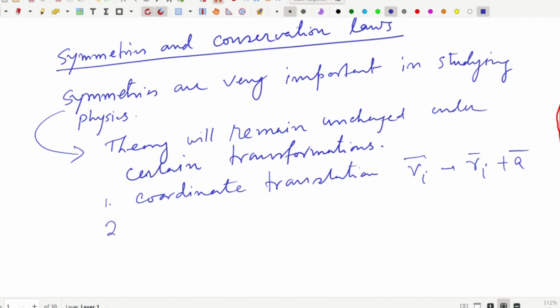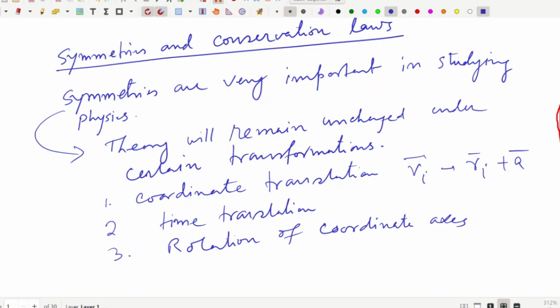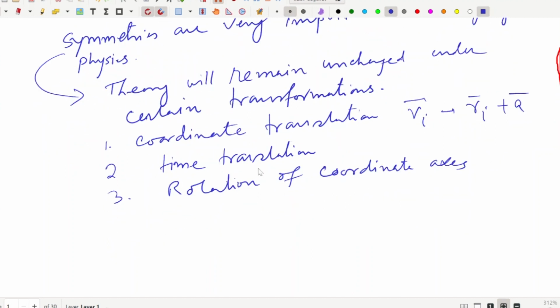Similarly, we can have a time translation, and rotation is also a transformation, rotation of coordinate axes. There are many types of transformations.